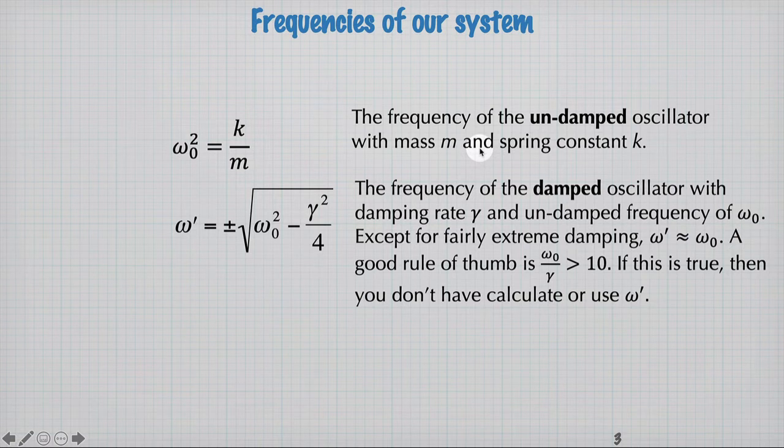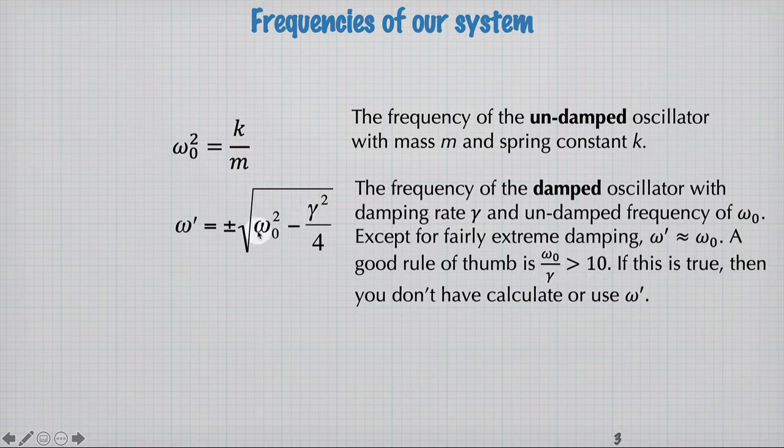The second frequency that we have to consider is omega dashed. Now we found omega dashed as the resonant frequency when we include damping. So if there's some damping, it makes the resonant frequency a little bit smaller. A lot of the time we can ignore omega dashed. So we can approximate omega dashed as equal to omega naught, and a good rule of thumb is that this is a valid approximation if the ratio of omega naught to gamma is greater than about 10.